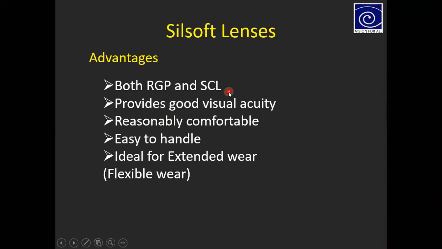Since it comes under the soft lens category, they are reasonable, comfortable, easy to handle, and ideal for extended wear. Extended wear means lenses that you can even wear at the time of sleep. Since children sleep a lot, these lenses are kind of ideal for them.